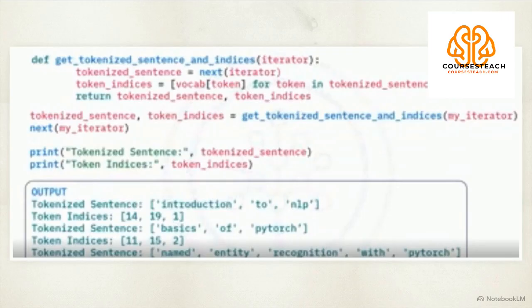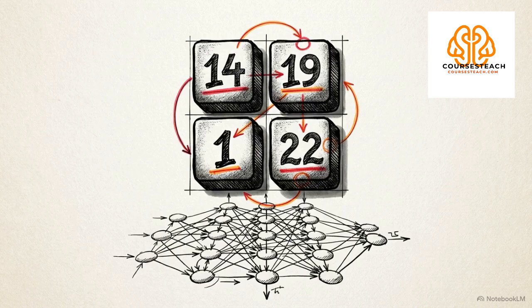This terminal output shows the final result. The string list containing introduction, to, and NLP is structurally transformed into the integer array 14, 19, 1. Those strings no longer exist in the pipeline. That array of integers is the only form of language the neural network's architecture can actually ingest.